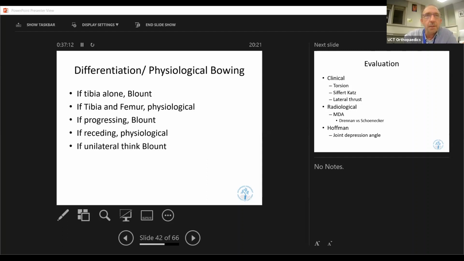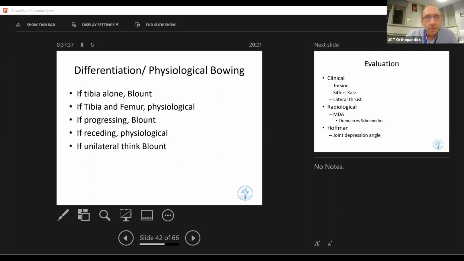Whereas if there is only a tibial deformity, that's strongly suggestive of Blount, and there are papers that compare a ratio of the amount of varus in the tibia versus the femur. Obviously, if it's predominantly tibia, it's going to come out in that, and your ratio is not going to be 1, it's going to be greater, and if so, points towards Blount.